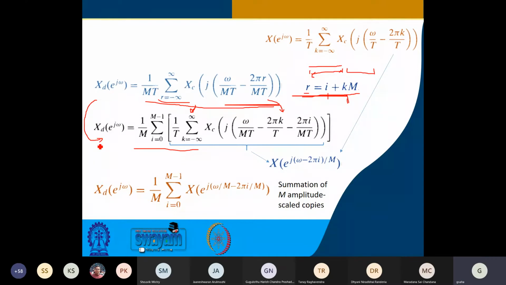Is it okay from here to here? Can I get a quick audio response that this step is understood? Yes, sir. Very good. Okay.